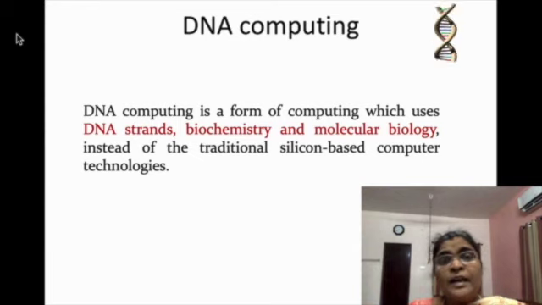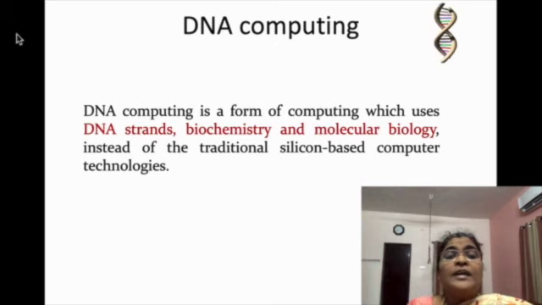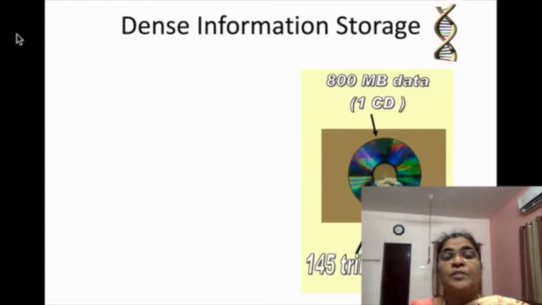Using this, DNA computation can be carried out, which is a computation that uses DNA strands, biochemistry and molecular biology instead of traditional silicon based computer technology. The reason for choosing this material is its important characteristics. The first is dense information storage.